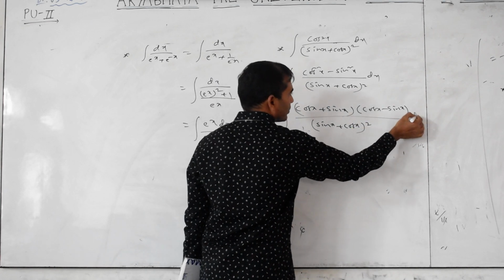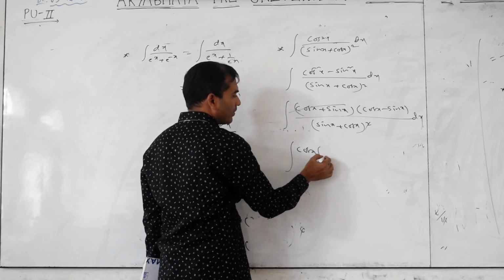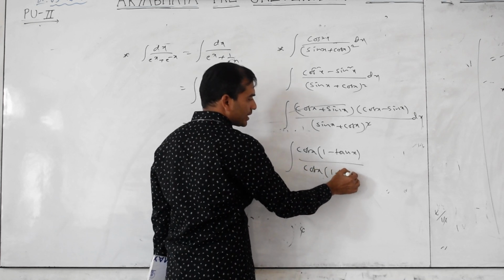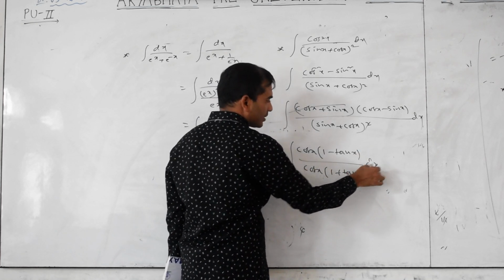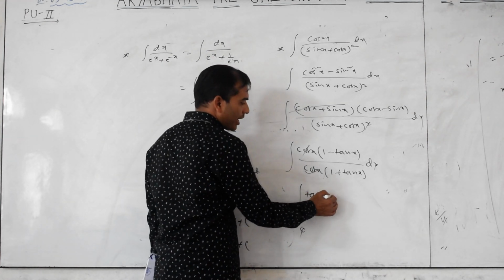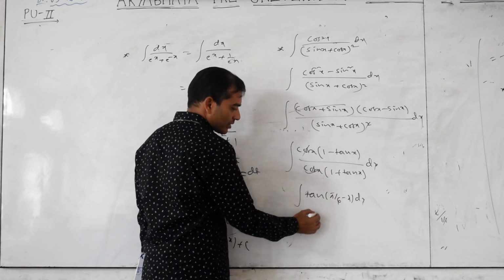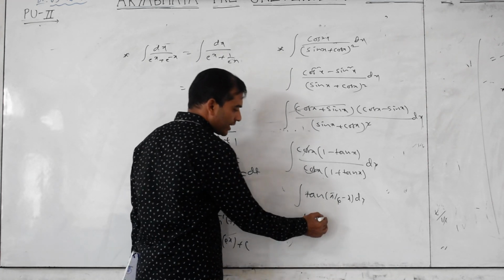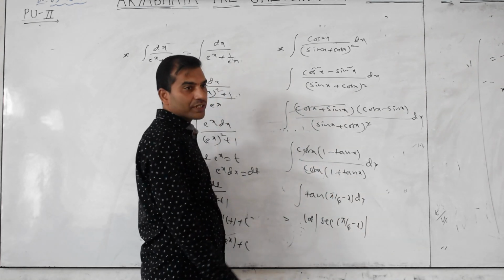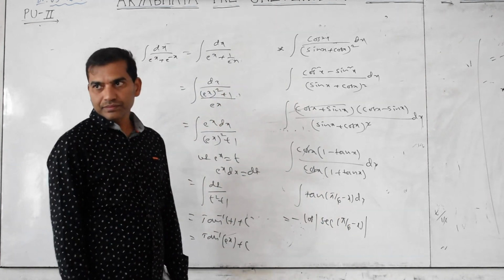Cos x take common here, we get 1 minus tan x. In the denominator also cos x common, 1 plus tan x. This gets cancelled. Integration of (1 minus tan x) by (1 plus tan x) equals tan of (pi by 4 minus x) dx. Integration of tan x is log of sec x, so log sec of (pi by 4 minus x). The differentiation of pi by 4 minus x is minus 1, which we should write in the denominator, so here we should write minus.